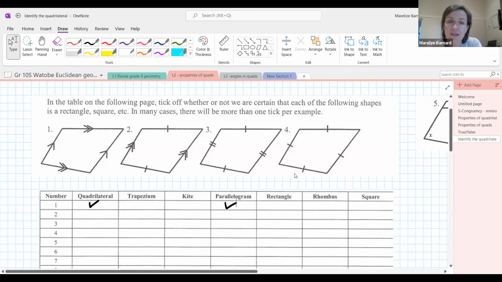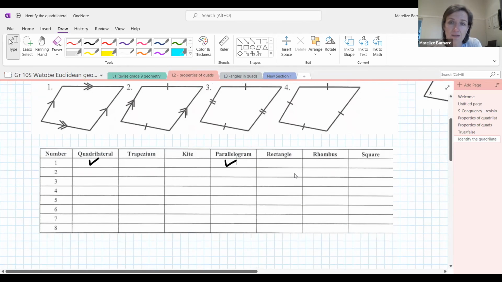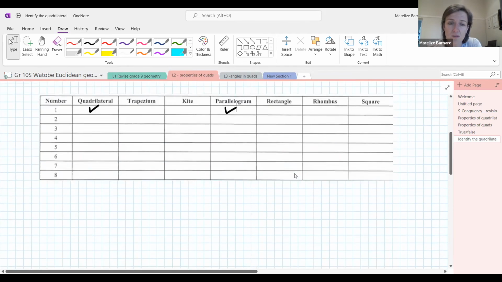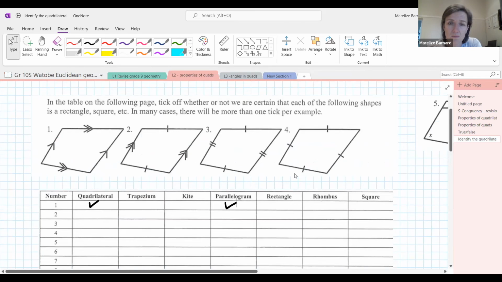So we can only say it's a rectangle when it's got the 90-degree corners. Do the remaining 3 questions as best you can, and then we'll check back in about a minute.